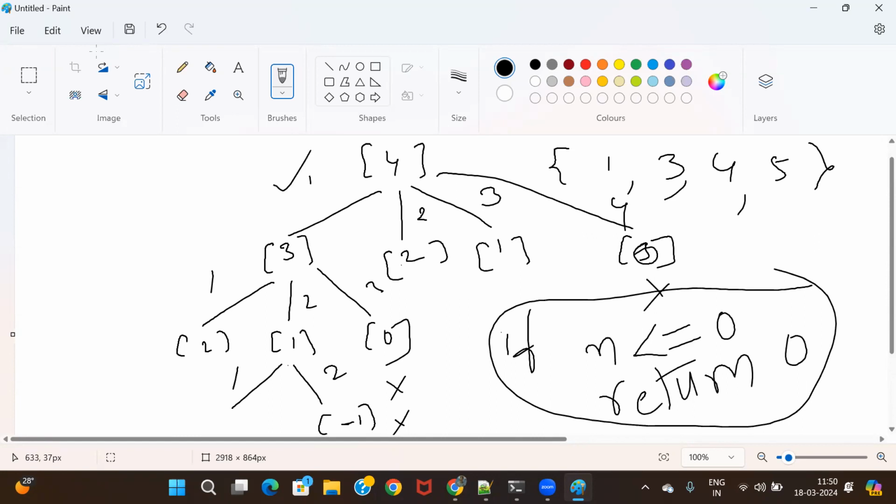And every time you have 4 options. When you cut by 1, the remaining is n-1. When you cut by 2, remaining is n-2. When you cut by length i, remaining is n-i. So this discussion is enough to write the code.